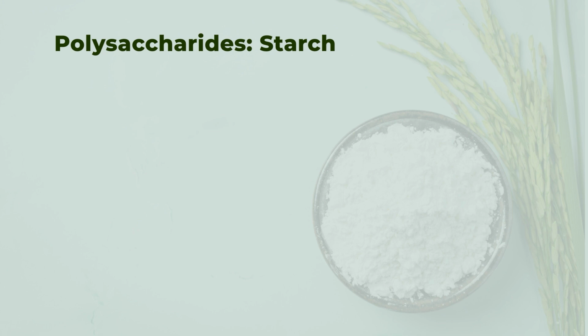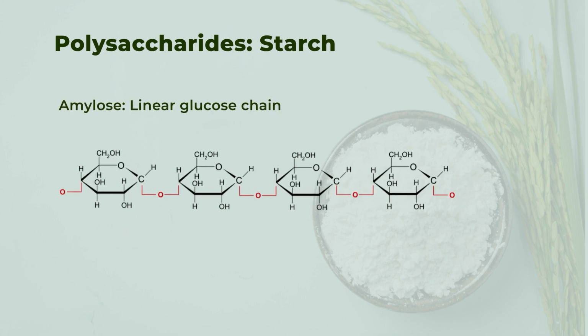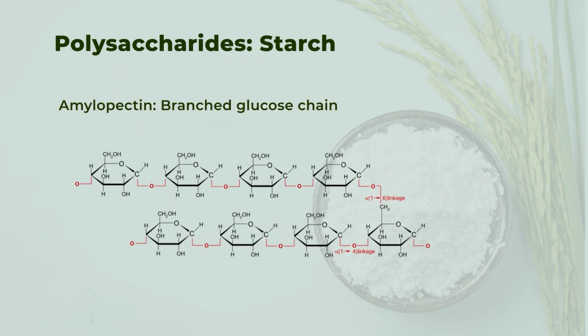These are the examples of polysaccharides: we have cellulose, then we have starch, which is made of amylose, a linear chain, and amylopectin, a branched chain with high molecular weight. Glycogen is more like starch, but shorter and more branched, and it is present in animal tissues. Here, amylose is a linear glucose chain, and amylopectin is a branched glucose chain, as shown.